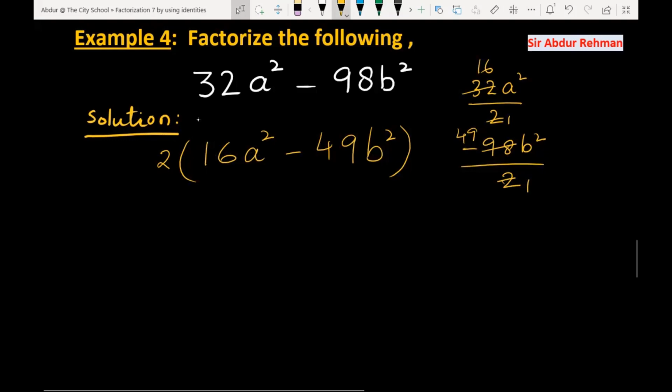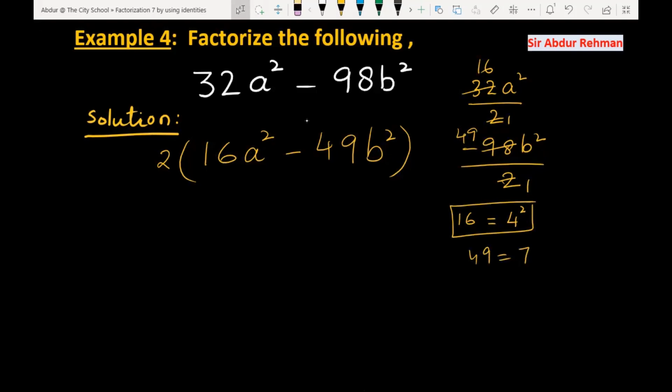Because 16 is a perfect square, it is equal to 4 square, and 49 is also a perfect square number. 7 square is equal to 49.